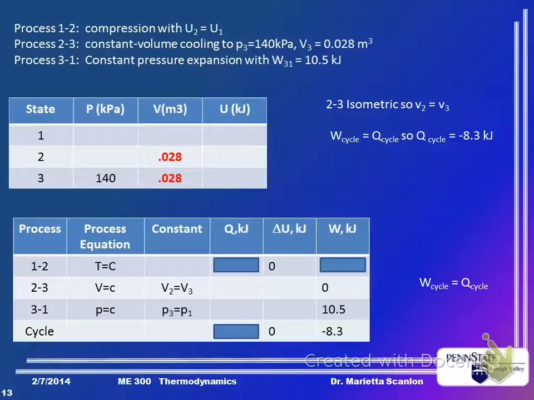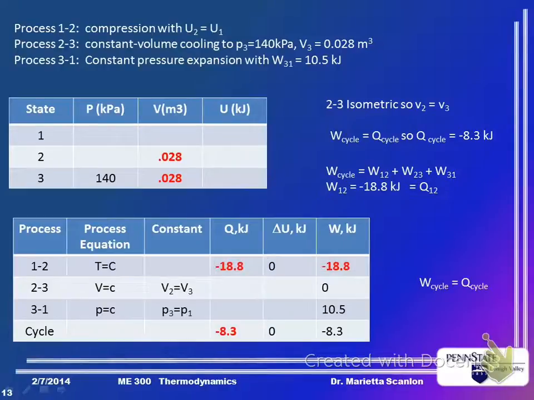This is 0. I know the W cycle, which means the Q cycle has to equal the W cycle. It's the same thing for 1 and 2. But it's still negative, because 0 is equal to Q minus W, so they're equal to each other. Okay? So, everyone good so far?